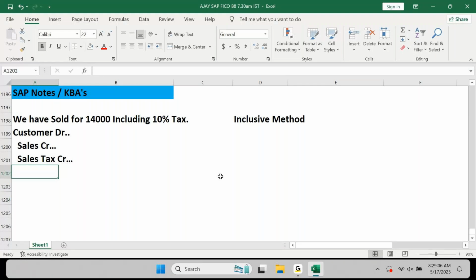Reason, in every interview you are asked to tell the accounting part. Somebody will say, I don't remember the accounting entry. If you are saying you do not remember the accounting entry, do I really believe you know taxation?